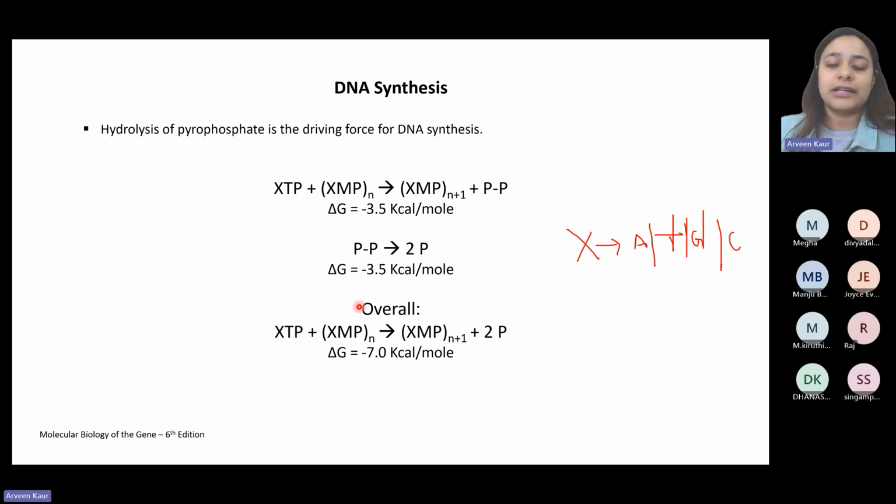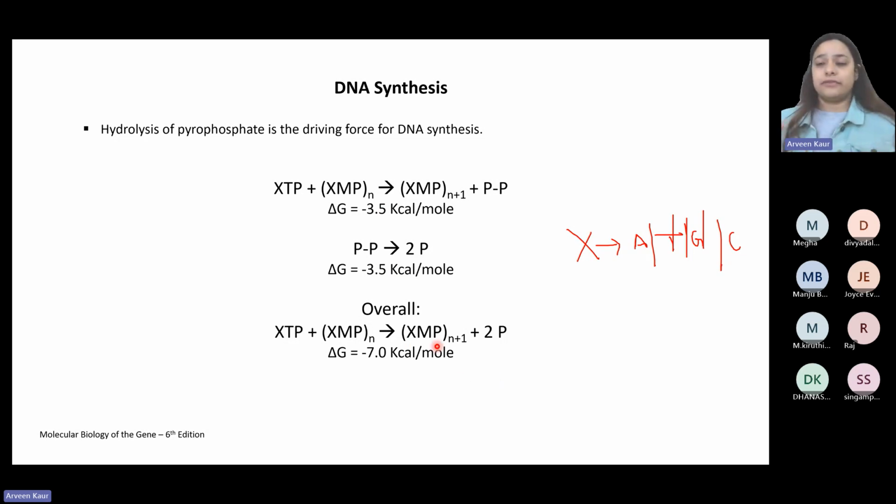And after that, the overall reaction, if we look at it, there is an existing polynucleotide chain to which a trinucleotide is being added, right? This trinucleotide will be added, but two of its phosphates will be lost as pyrophosphate, which later converts into two single phosphates. And this entire process will release 3.5 plus 3.5, that is 7 kilocalorie per mole of free energy, right?